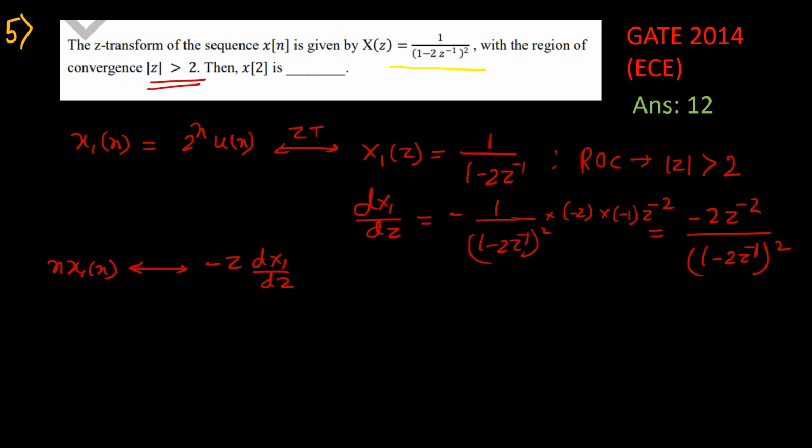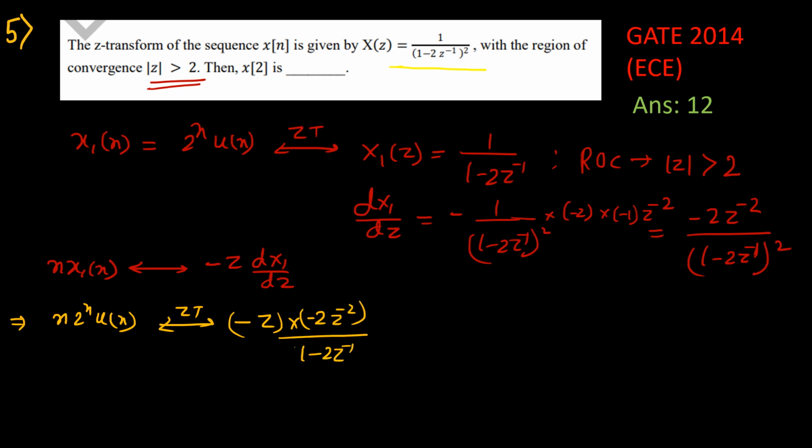So if I use that property, this is n times 2 to the power n u of n, its z transform will be minus z times what I have got here, minus 2 z to the power minus 2 upon 1 minus 2 z to the power minus 1, that squared.